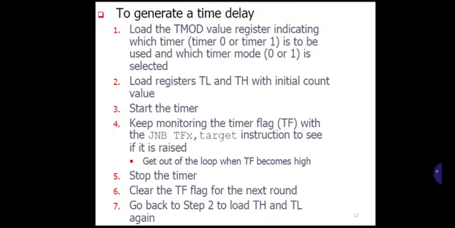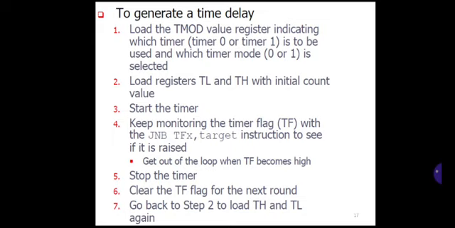JNB TFx, TF0 or TF1, then the target address is again the same instruction. That means keep on monitoring the same flag again and again until it becomes 1. Once it becomes high, just come out of the loop, then stop the timer.